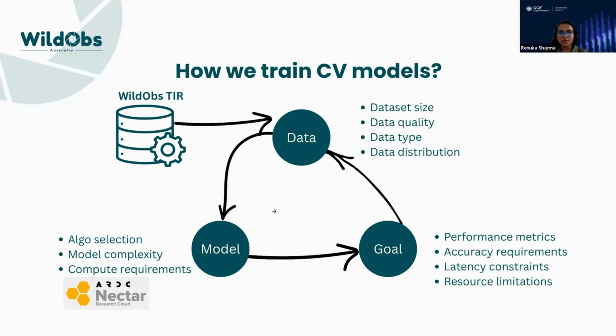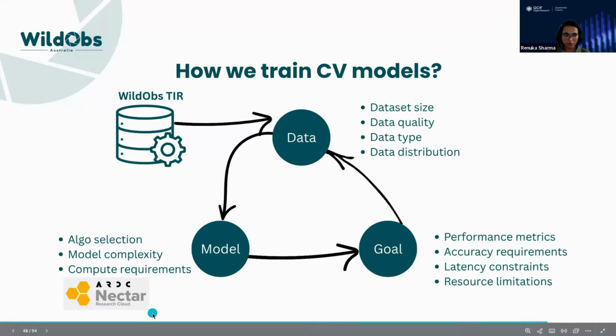Coming to how we train our computer vision models. What we need the most is good quality and quantity data. It has to be varied in terms of the species coverage and environment coverage and habitat coverage. After I get a balanced set of that data, then we choose the right models and the compute.